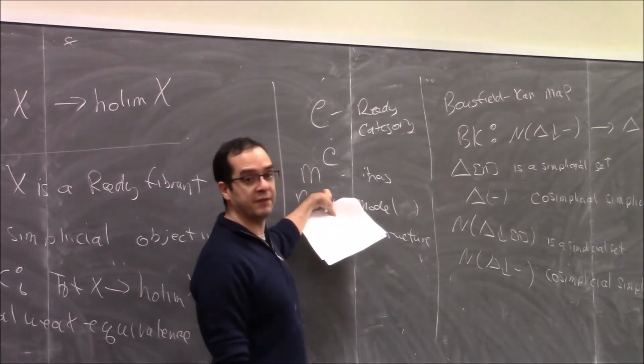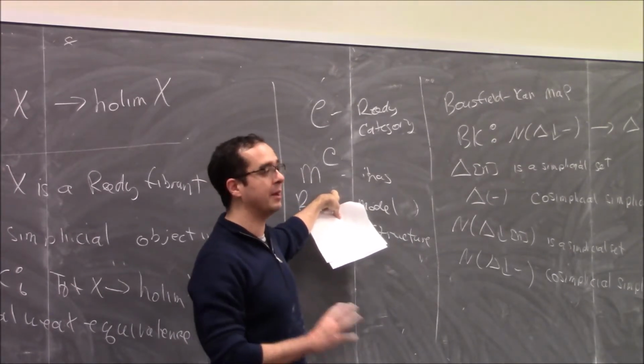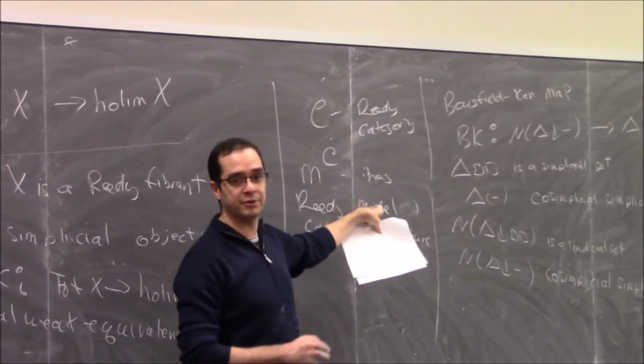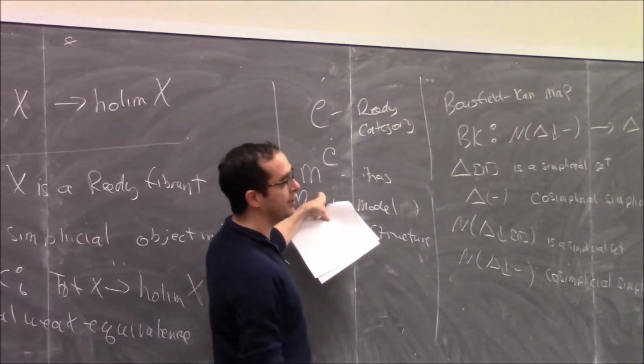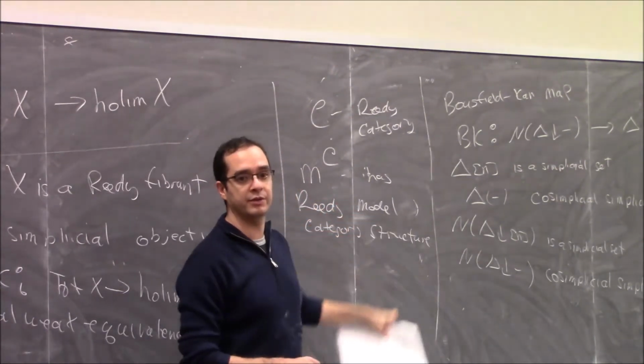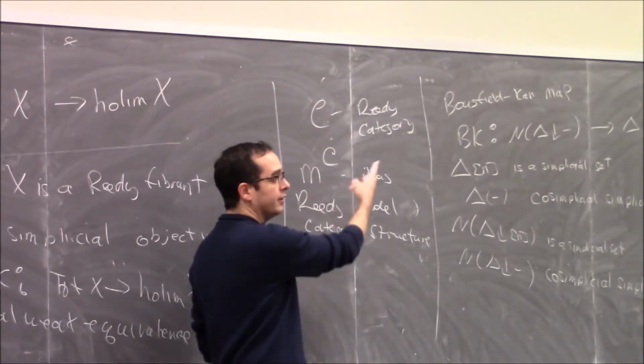Oh, and actually, M in this case just has to be a model category. It doesn't have to be a simplicial model category. And so then you can define homotopy limits and co-limits in this case.